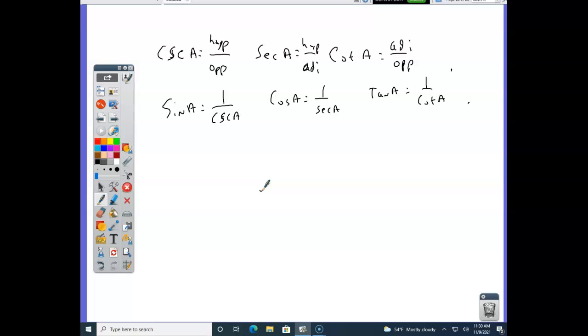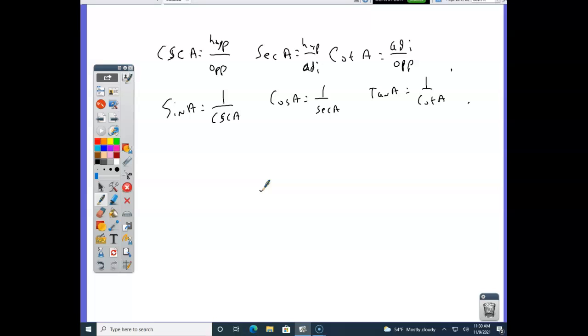So how are we going to remember them? Here's the way I tell my students to remember them. Cos go with non-cos. Tangent doesn't have a co in it, so tangent goes with cotangent. They're just flips of each other. Secant doesn't have a co in it, so it goes with cosine, which does. So it's 1 over cosine.